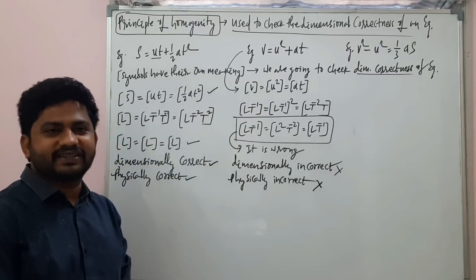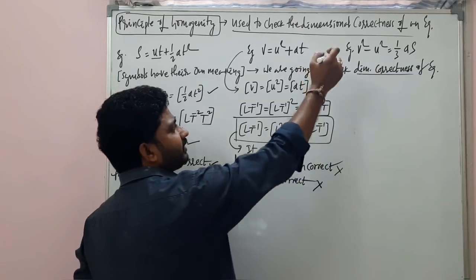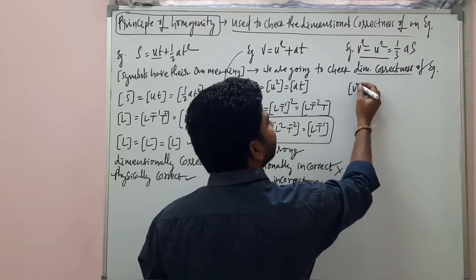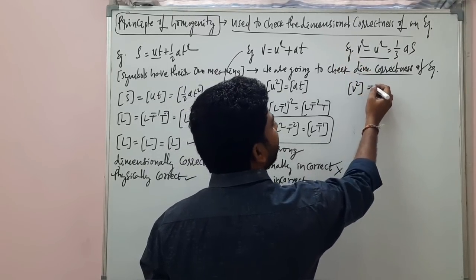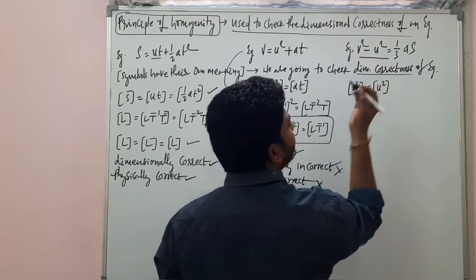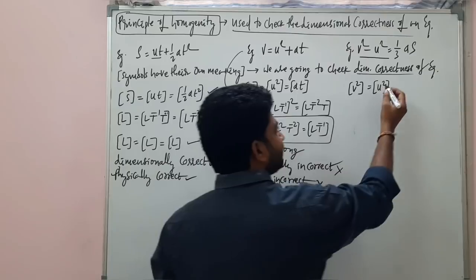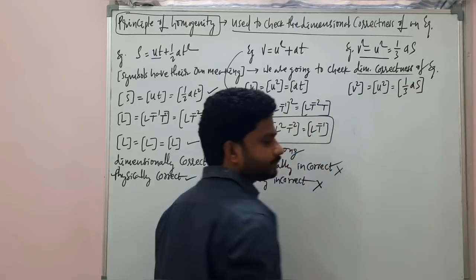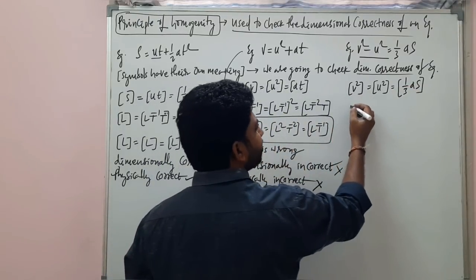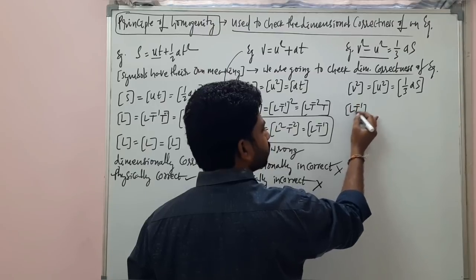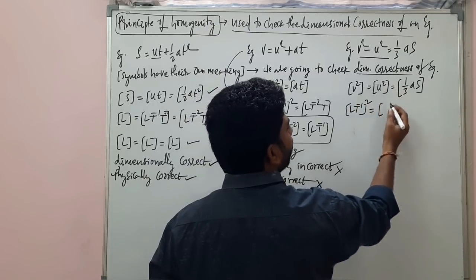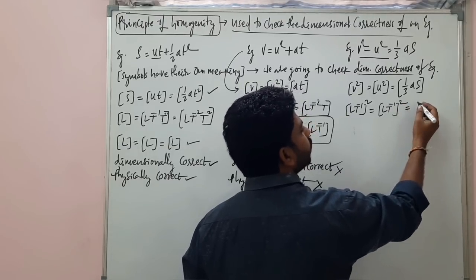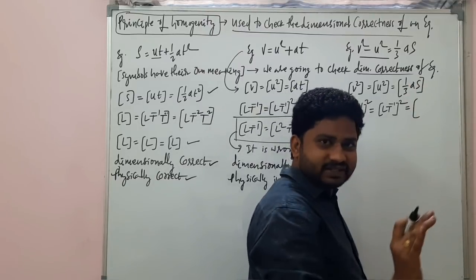Move to the third example. Check the dimensional correctness of this equation. When it is dimensionally correct, V square dimensions must be equal to U square dimensions, I am writing the left hand side part, that must be equal to the dimensions of 1 by 3 A into S. Velocity dimensions LT minus 1 whole square, which is equal to U square dimensions LT minus 1 whole square, which is equal to 1 by 3, which will not have any dimensions.